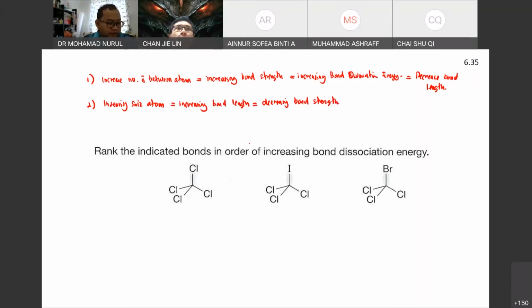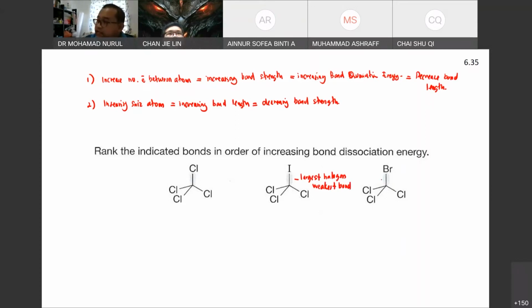In this case we have to rank. So iodine is the largest halogen, and it will have the weakest bond.